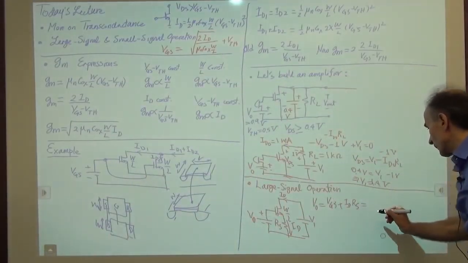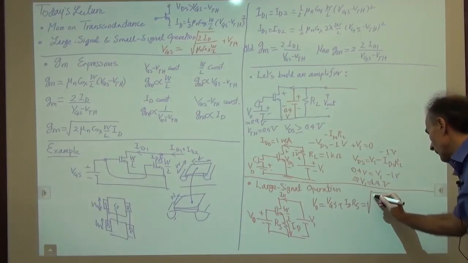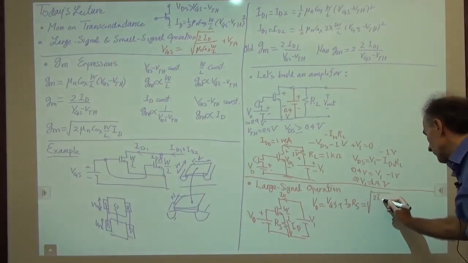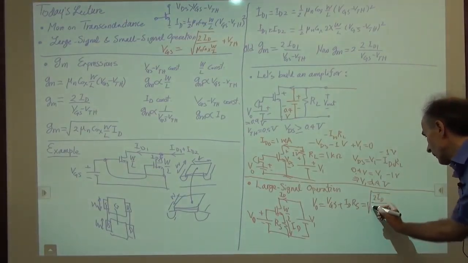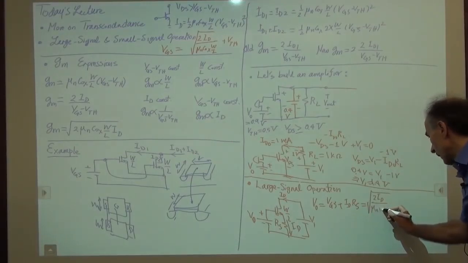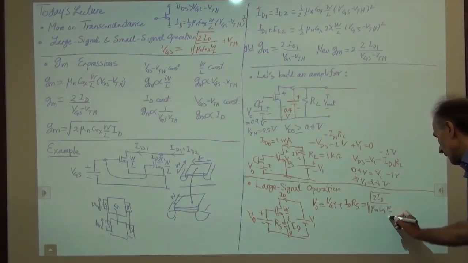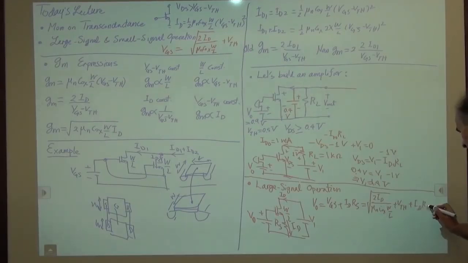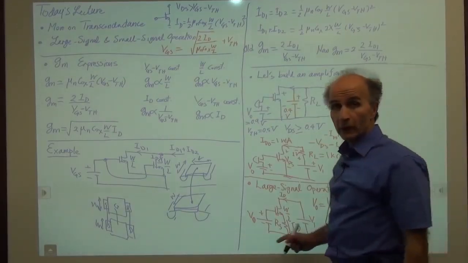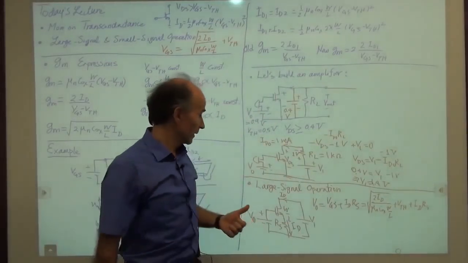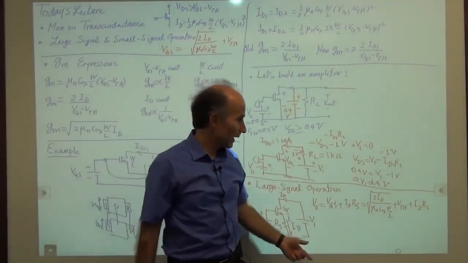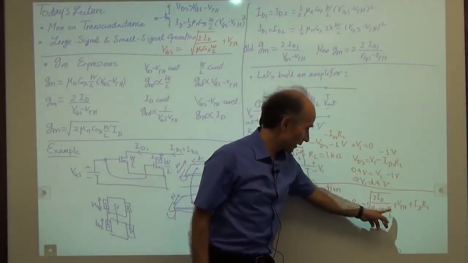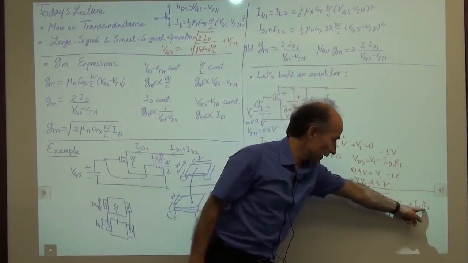So V0 is equal to the square root of 2 ID divided by mu n C ox W over L, plus VTH, plus ID times RS. What we do know in this equation are V0, the voltage we have applied here, and VTH and mu n C ox and W over L and RS.